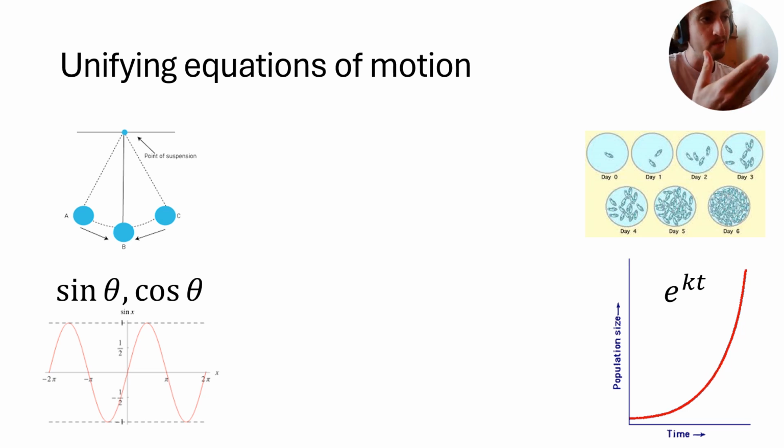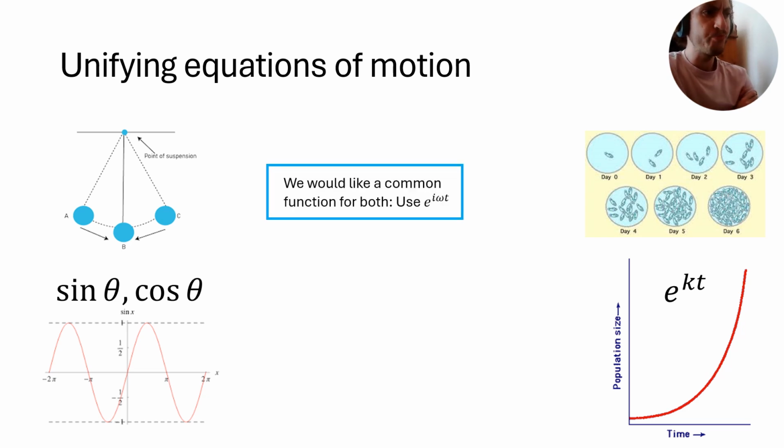However, for bacteria, as the number of cells is increasing, providing there's enough sustenance to sustain this, we have exponential growth. And comparing the curve for the sine function and the curve for exponential growth, we can see these two functions look very different. So it doesn't at first seem at all likely that there is a mathematical connection between them. We seem to be describing two completely different phenomena.